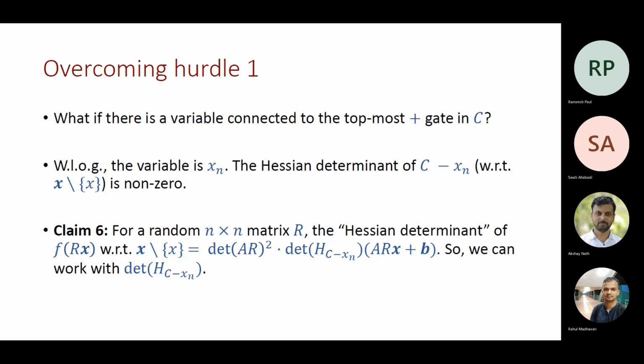So without loss of generality, assume that this variable is xn, otherwise just permute the variables of C. Then since there is just one variable attached to it, in C minus xn, there is no variable attached to the topmost plus gate. And so from the claim I just showed you, the Hessian determinant of C minus xn with respect to C minus xn is non-zero. And what we do is we just work with this Hessian determinant.